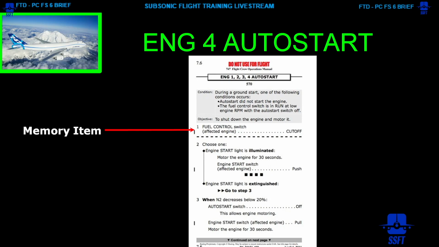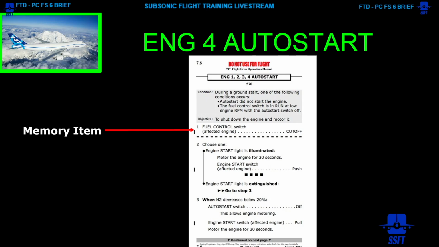So we obviously will monitor that on the start. We want to see oil pressure. We want to see N1 rotating. But if for some reason it did not, the auto start system is not going to be triggered for those conditions.